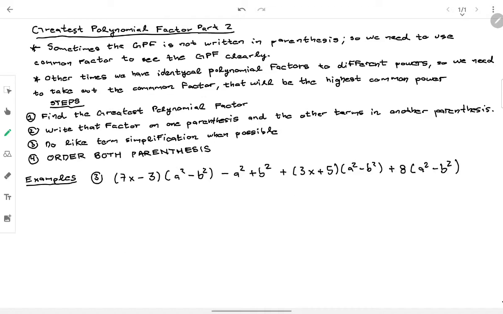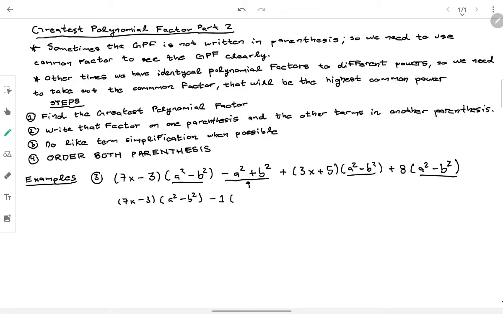So let's see the third example. It's going to be a little bit different because if we see here, of course, the greatest polynomial factor is going to be a squared minus b squared. But here we have it with different signs. So what we need to do, we can write it like 7x minus 3 that multiplies a squared minus b squared, minus 1.